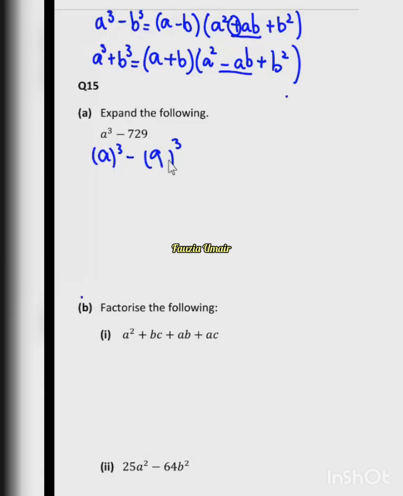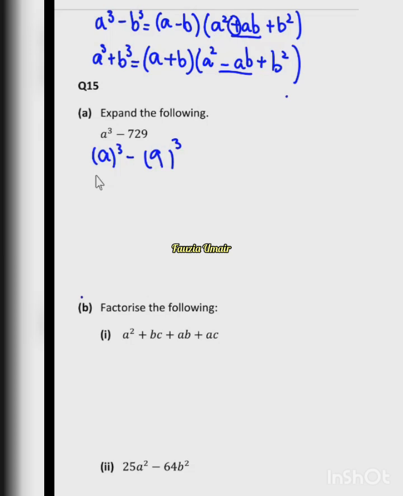So it's 9 cube. Now you see we can apply this formula. We can call this formula 4 and this formula 5. Formula 4 is with the plus sign, and we need to apply formula 5. This time my a is equal to a, but my b is equal to 9.